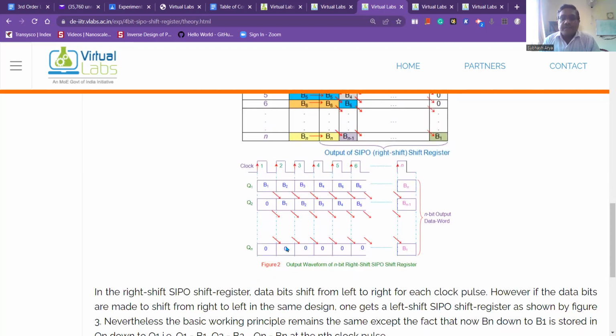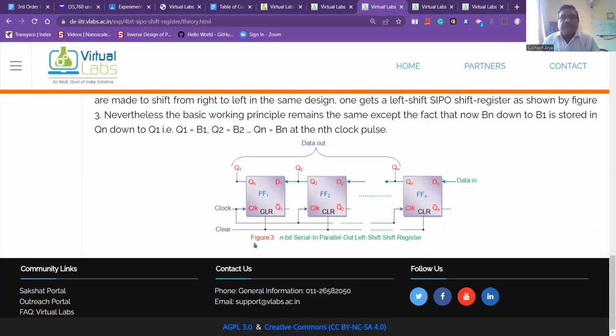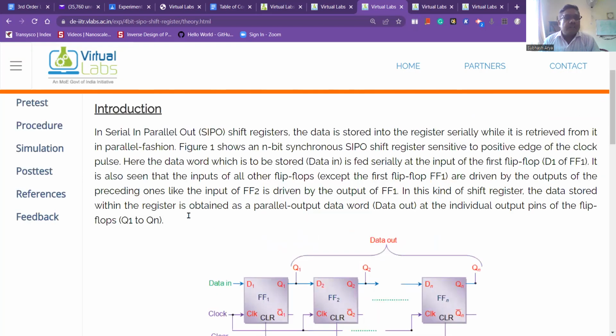You can see in figure 2 the clock, with every rising pulse shown by a red arrow up: 1st clock, 2nd clock, 3rd clock, 4th clock, and so on. And here are the states of the flip-flops, that is Q1, Q2, and Qn.